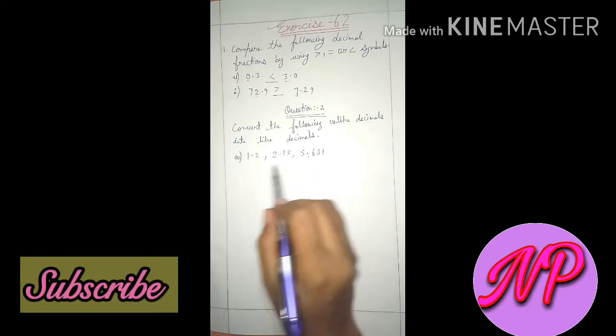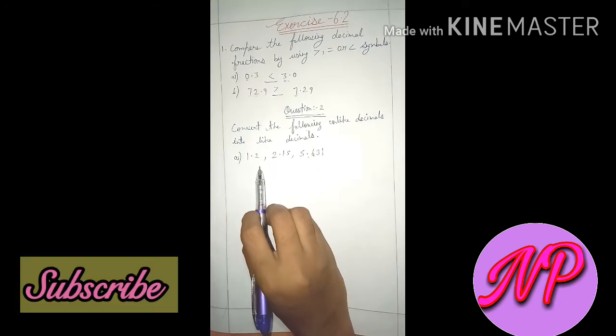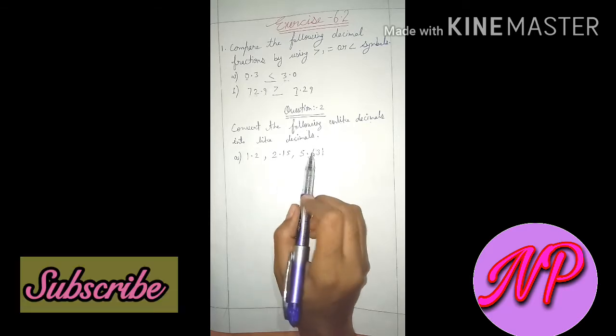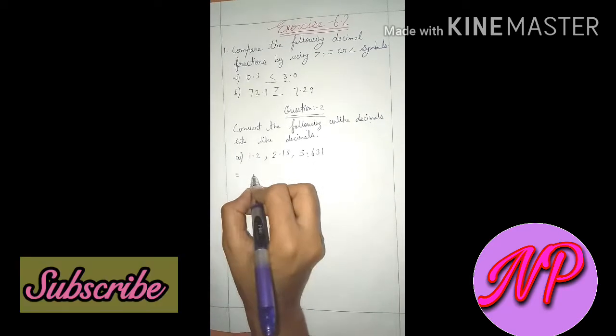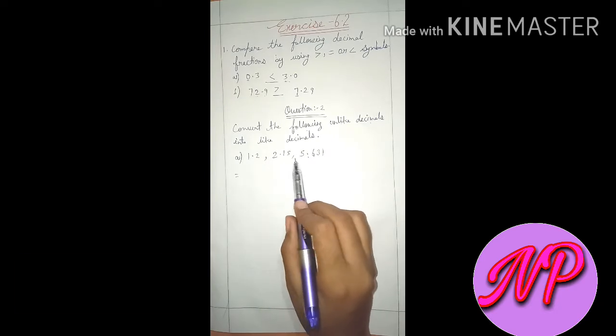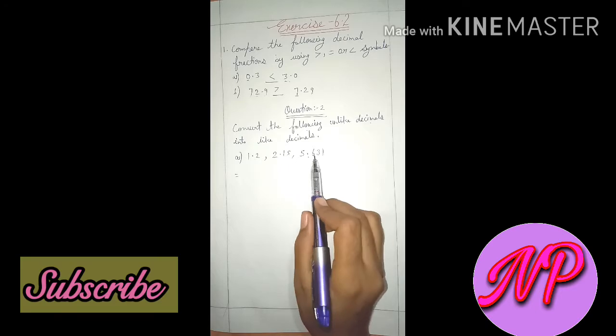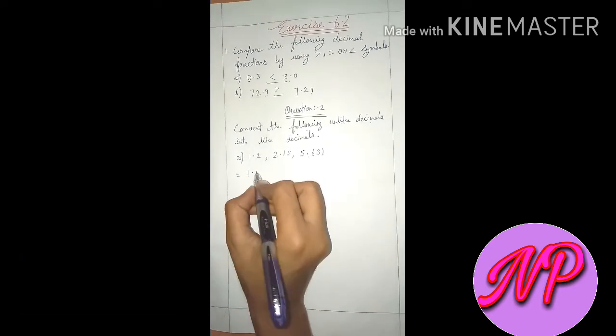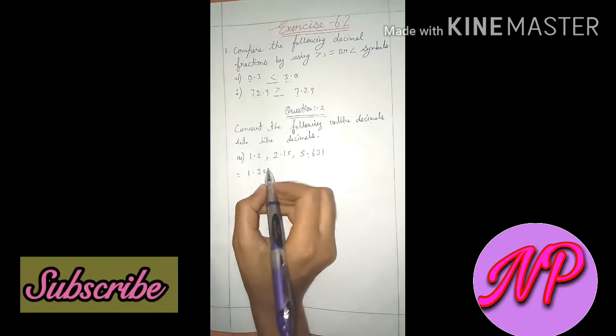The places are not the same, that's why these are unlike decimals. To make them like decimals, we check which decimal number has the maximum decimal places. This is 5.631, so we will make all the decimal numbers 3 places.